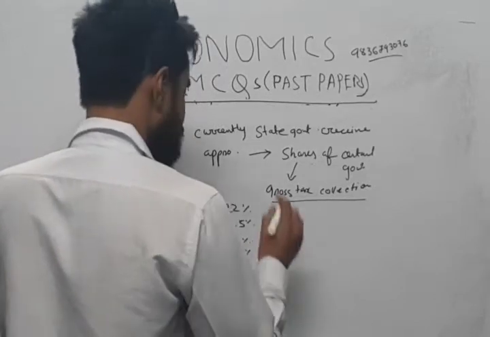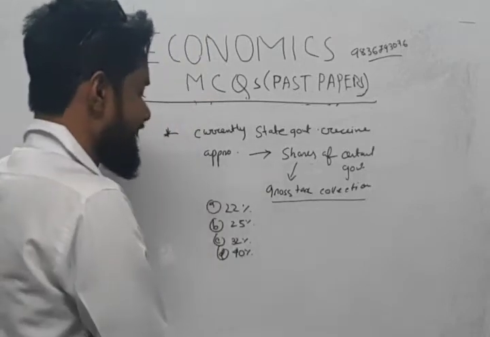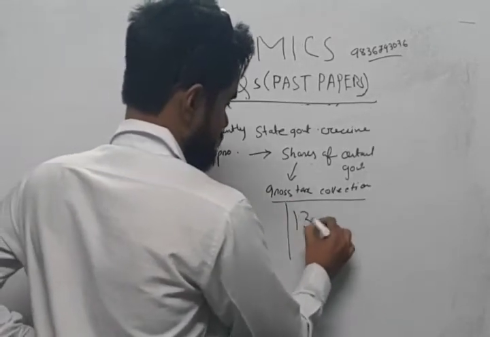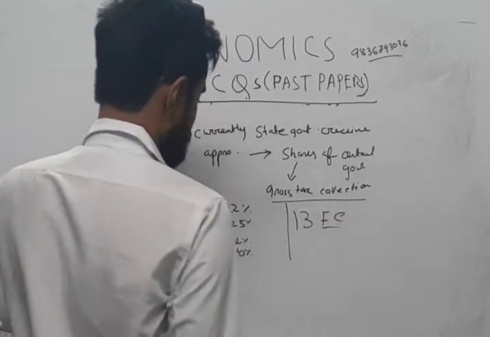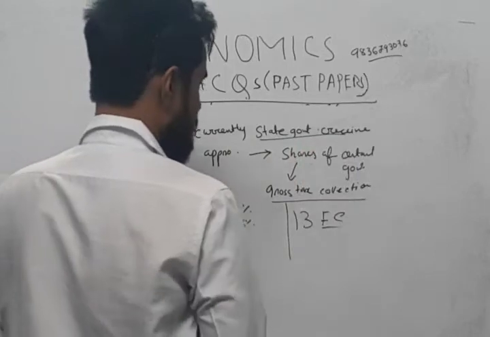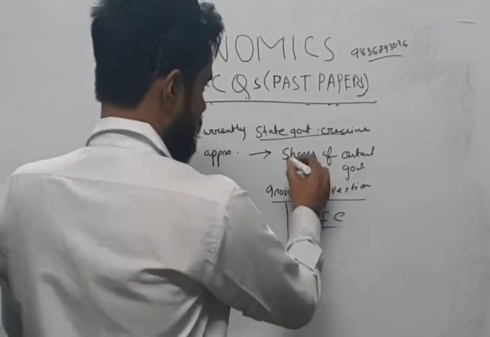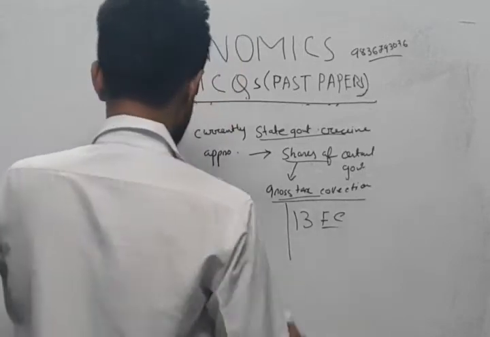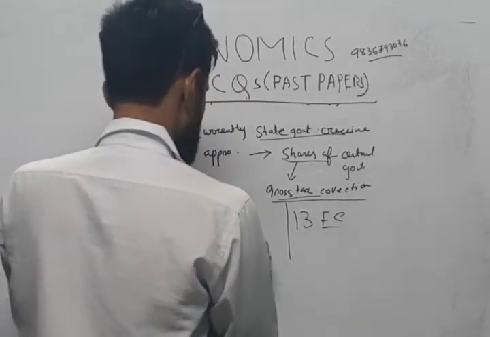We know as per the 13th Finance Commission, state governments receive approximately what share of the gross tax collection of the central government? It will be equal to 32%.